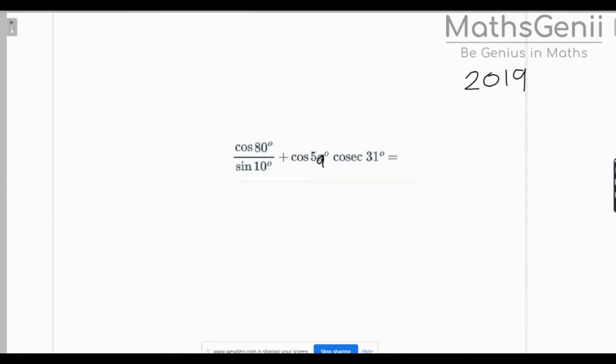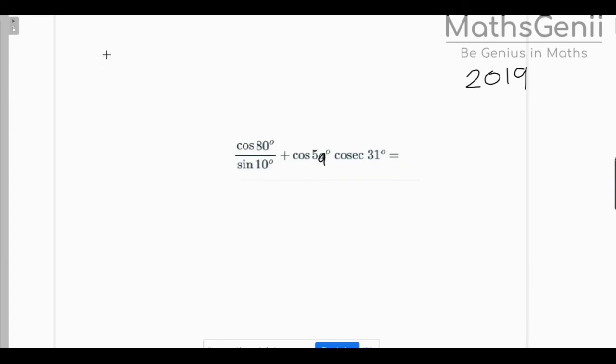Always, I don't know if you remember this rule, but always sine theta is equal to cos 90 minus theta. Okay, so remember this rule.